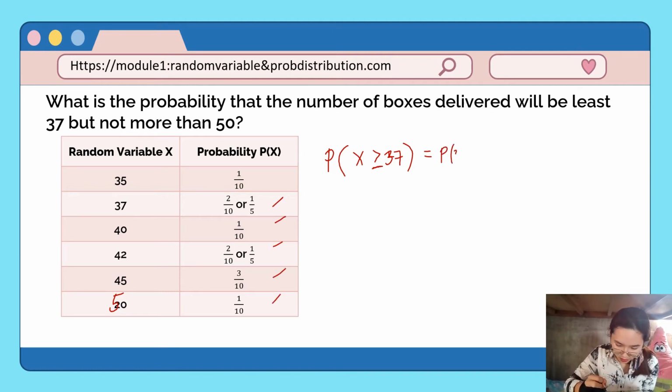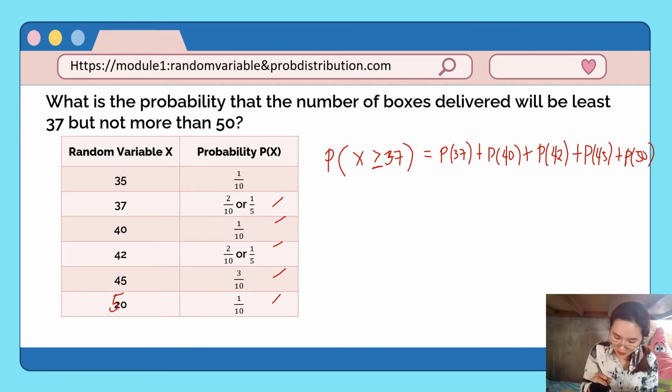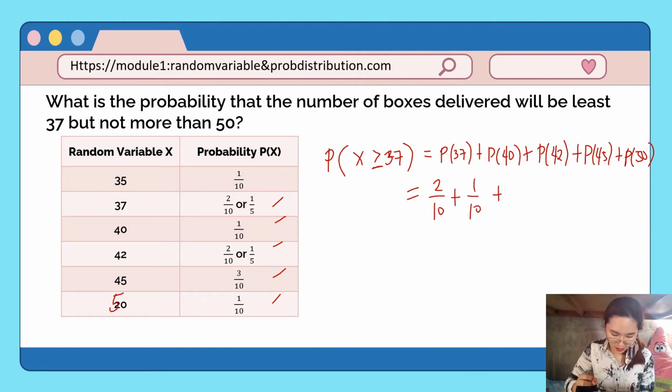So, yung P37 plus P40 plus P42 plus P45 and plus P50. Okay, P50. Yan. So, ipag-add lang natin lahat ng probabilities niya. 2 over 10 plus 1 over 10 plus 2 over 10 plus 3 over 10 plus 1 over 10.